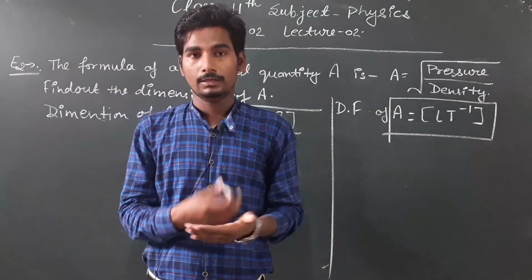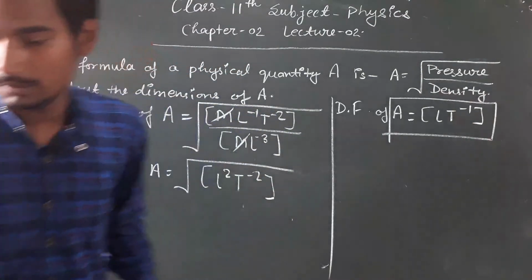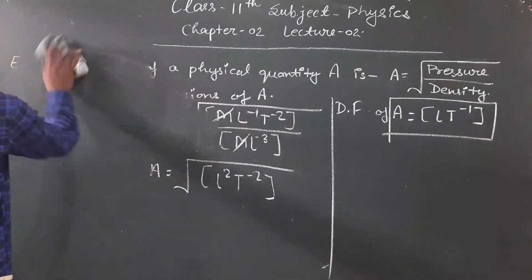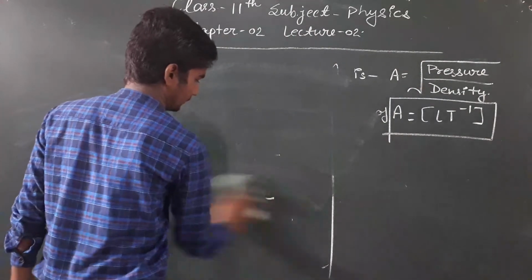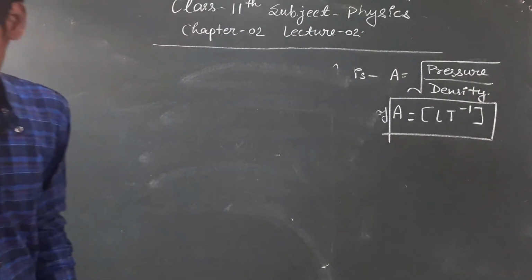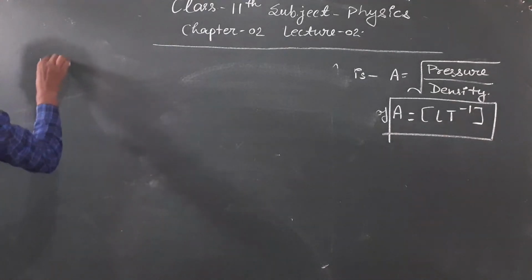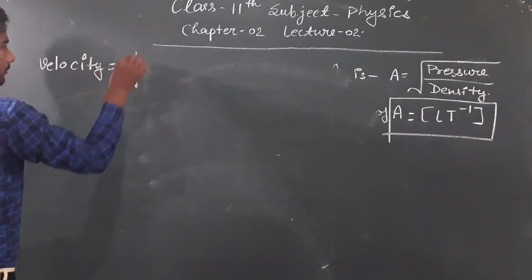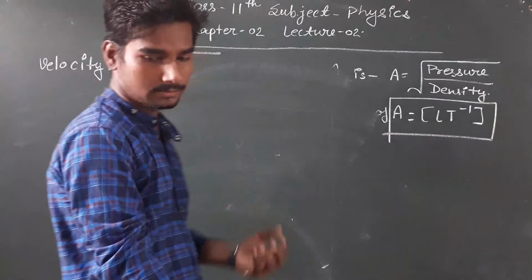So there is another equation, and I hope you will solve it yourself; this will be the homework for all of you. The velocity of a body will be defined as pressure upon x.